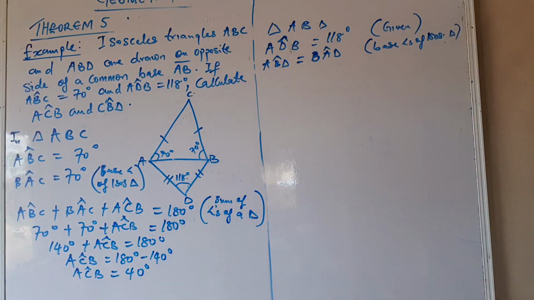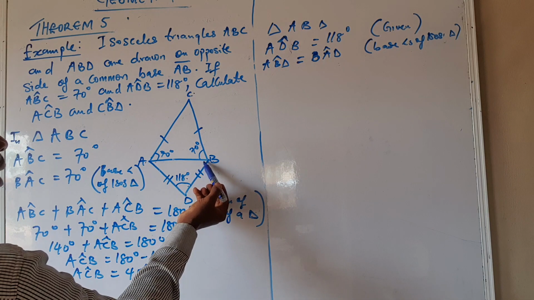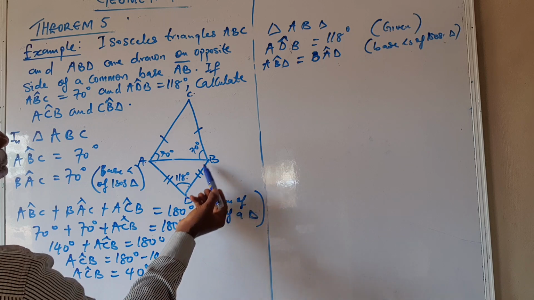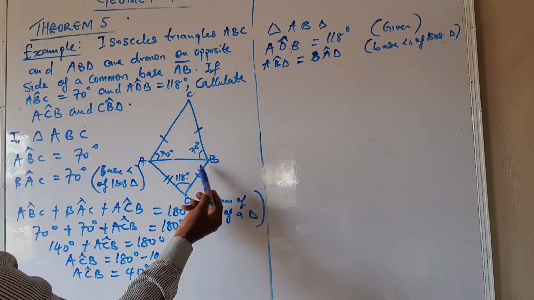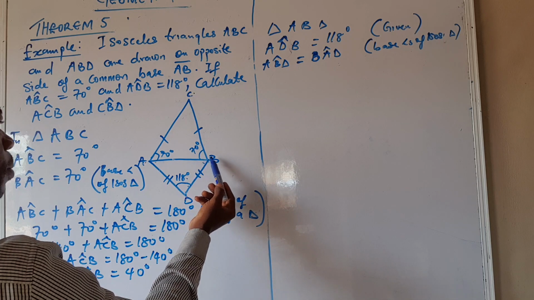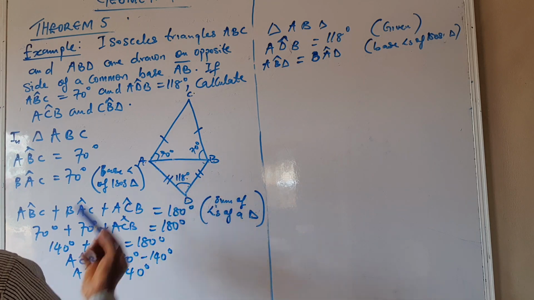The base angles of an isosceles triangle are equal. So this angle ABD is equal to BAD, which is this angle.